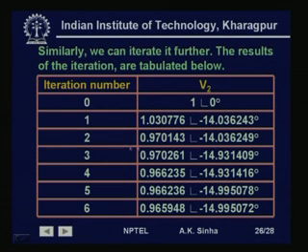If we substitute this value of V2, we will get the fourth iteration estimate as 0.9662 with an angle minus 14.9314.